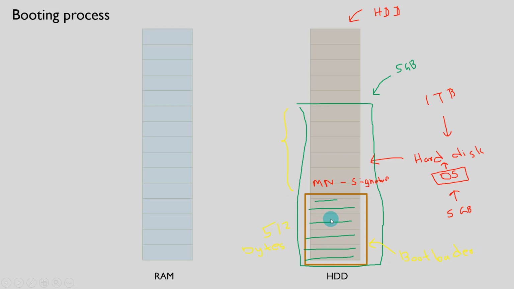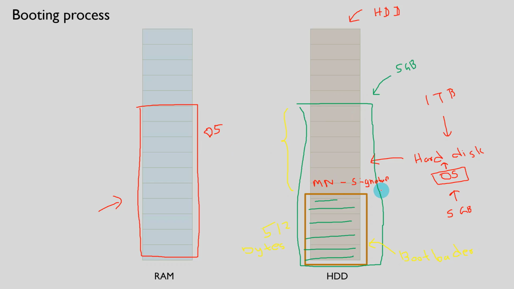So after this code or bootloader runs, the operating system will be copied to the RAM. Let's say this is our RAM, and now the operating system is loaded like this. Then the operating system will run and take control of the computer, and it will give the interfaces and services and all of that. So this is basically the boot up process.